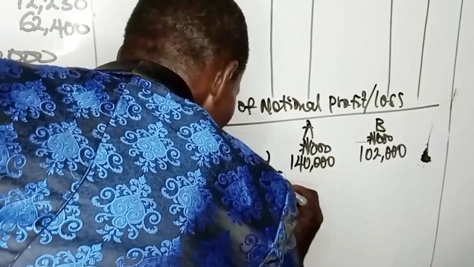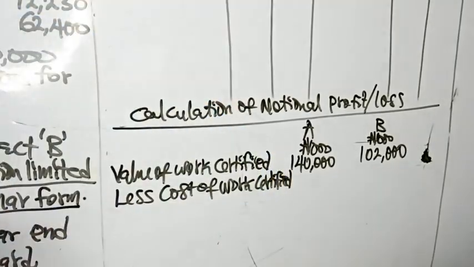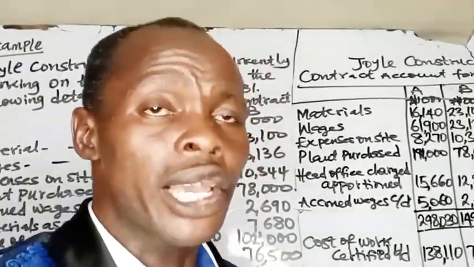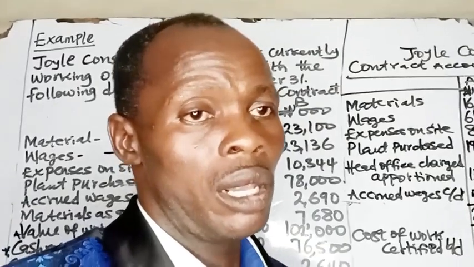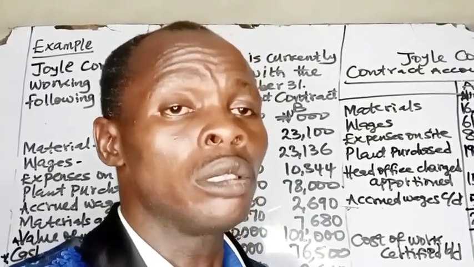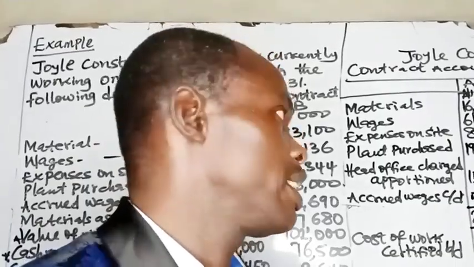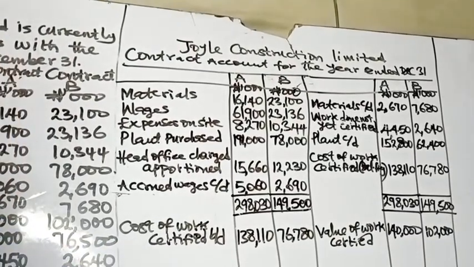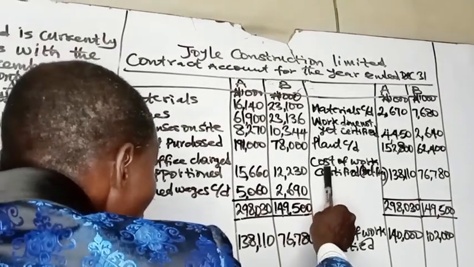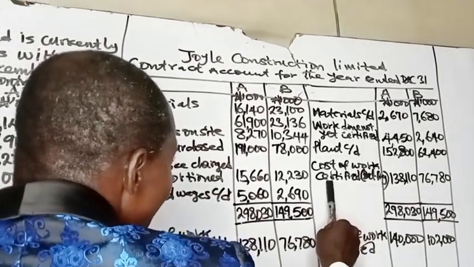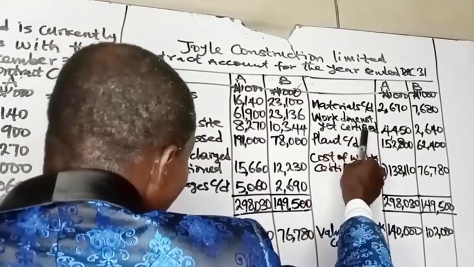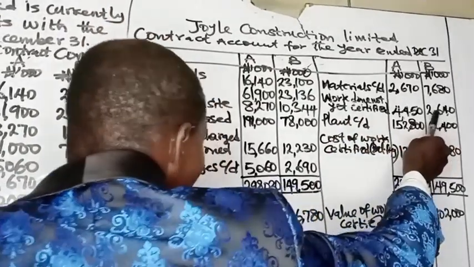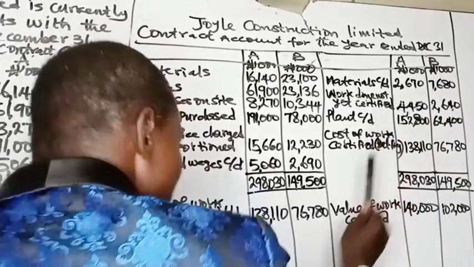I've told you that cost of work certified is the difference between the cost incurred on contract to date less the cost of work done not yet certified. So, we have gotten the cost of work certified from the contract account. If we didn't credit this, what you would have gotten would have been cost to date.